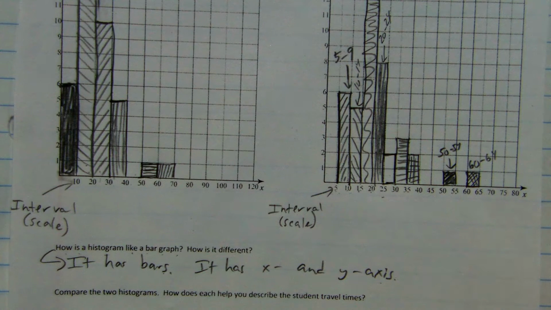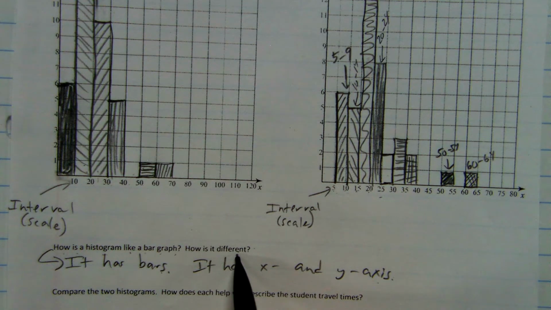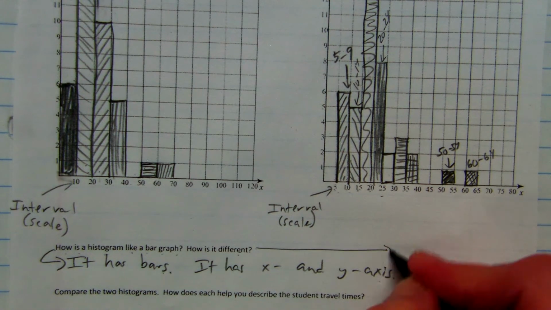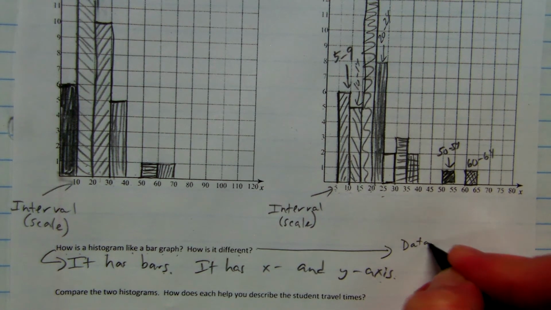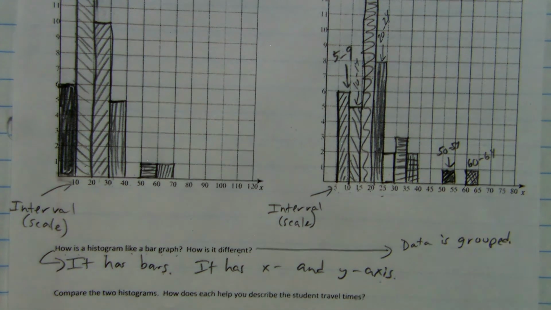We answered this question, but it also asks, how is it different? How is this different from a regular bar graph that you would have done in elementary? Go ahead. It groups them. Okay, so it's different because the data is grouped. We don't have individual bars for individual numbers. Can you imagine making a bar graph?